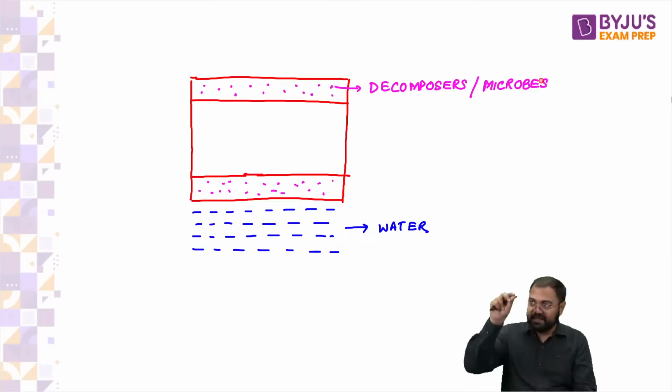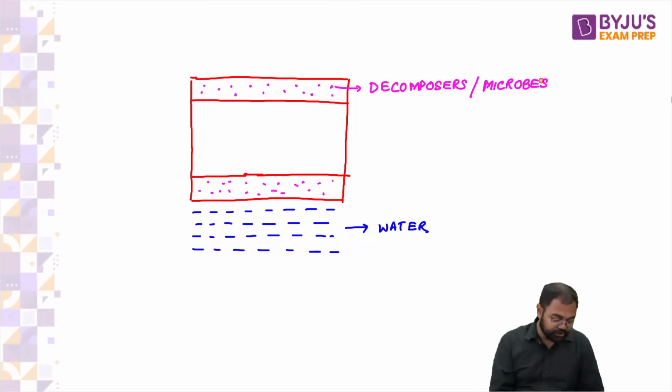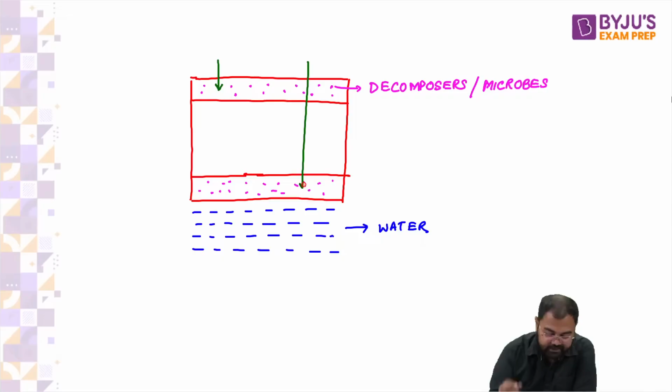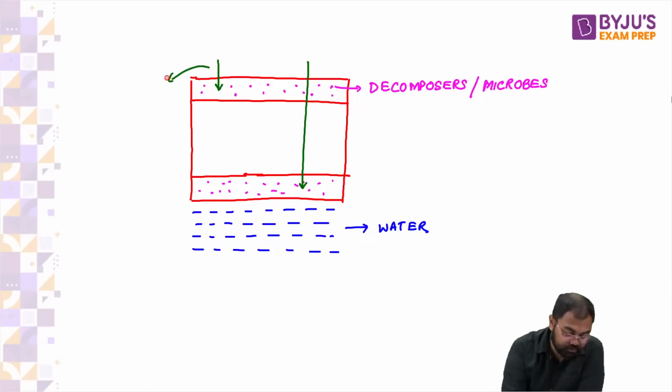So that's the reason. What we'll do is that we will insert some nutrition. So nutrition will be inserted to this level, also at this level. Now, what we are inserting is nutrition plus oxygen.